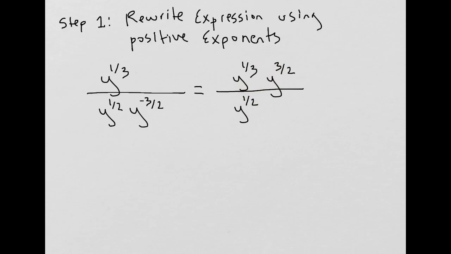So for step 2, I'm going to go ahead right away and make each of these exponents, which are all fractions, into an equivalent fraction so that I have a common denominator, so that my fractions are a little easier to add and subtract. So step 2 is to get a common denominator for each of those fractional exponents.